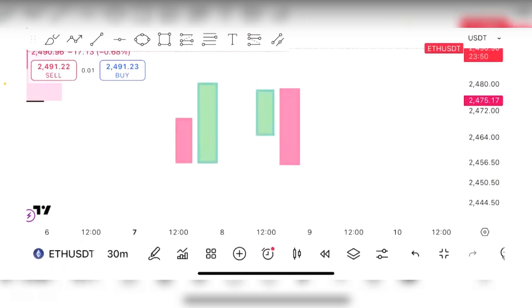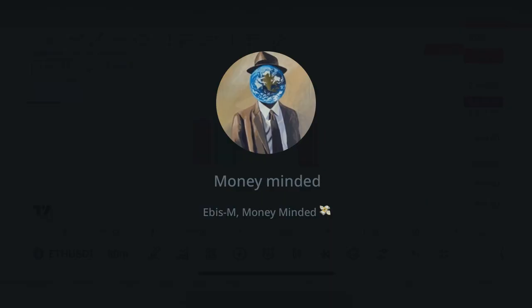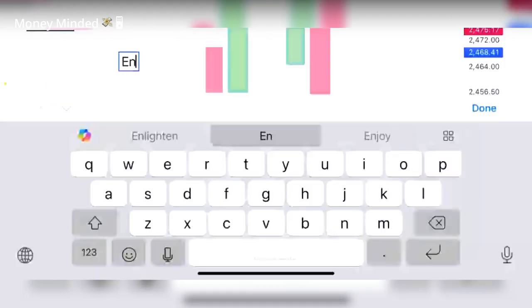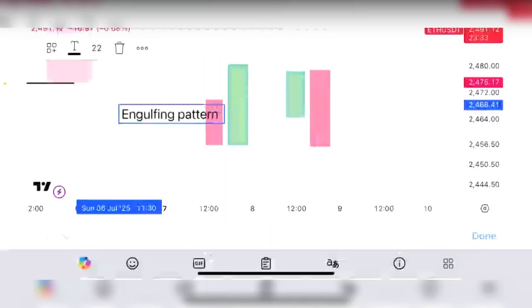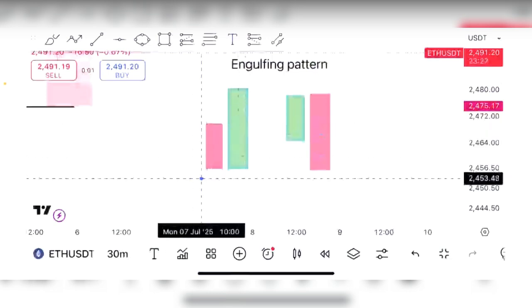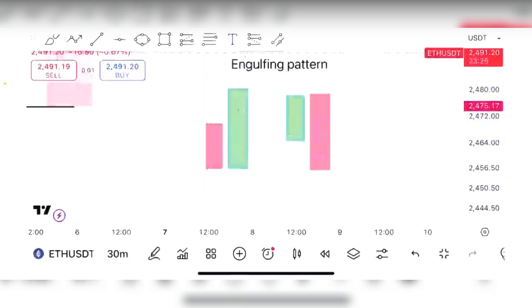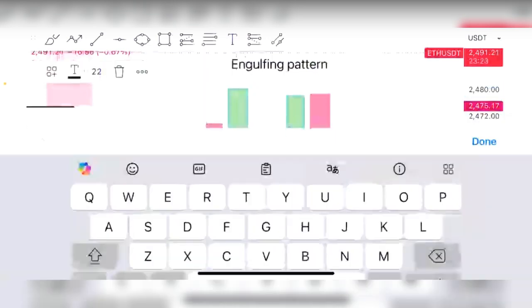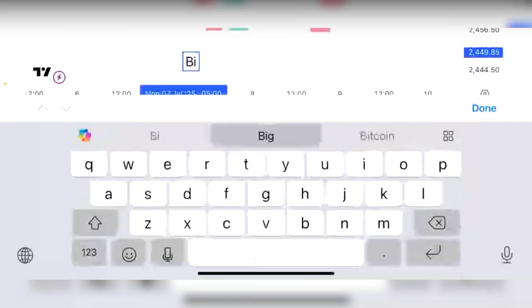So this is known as the engulfing pattern. This is a bullish engulfing. The other is a bearish engulfing. Let me put them like this.